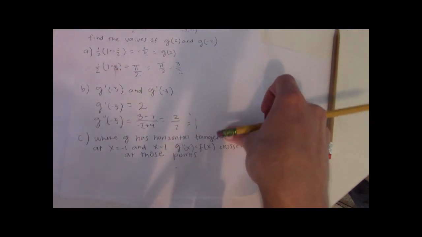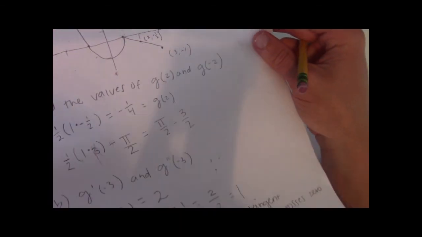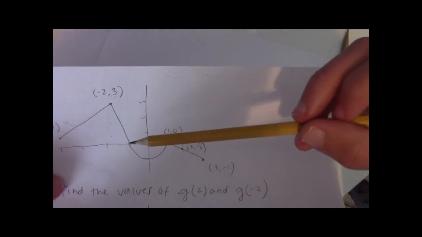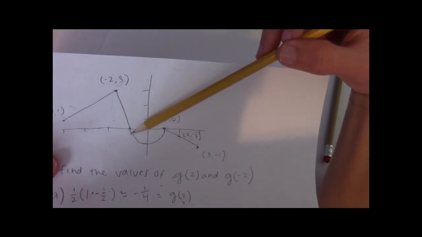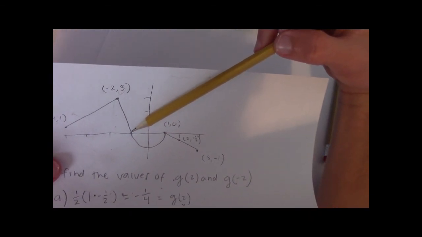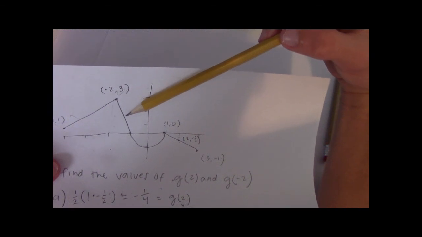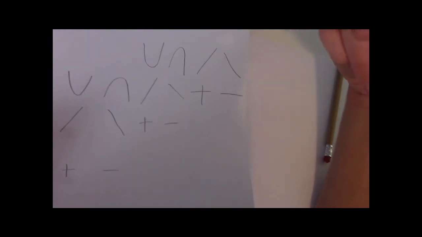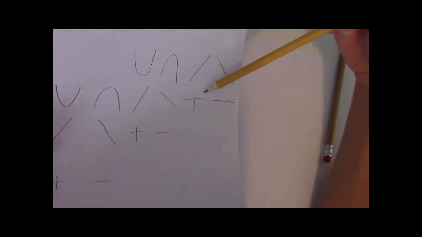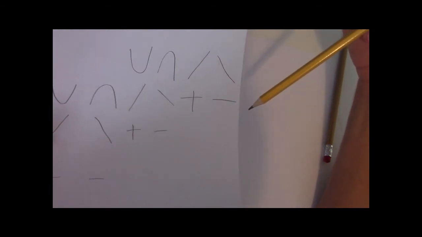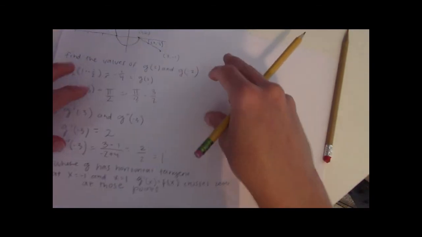So we look at our graph, and we see that at -1, f of x, which is the derivative of g of x, changes from positive to negative. And when that happens, that means that the graph of g went from increasing to decreasing, which means that it had a relative maximum there.